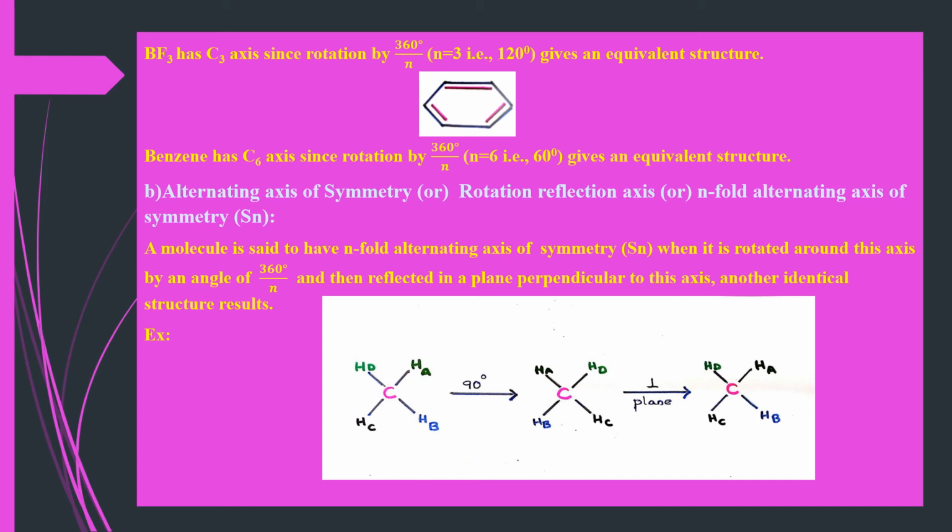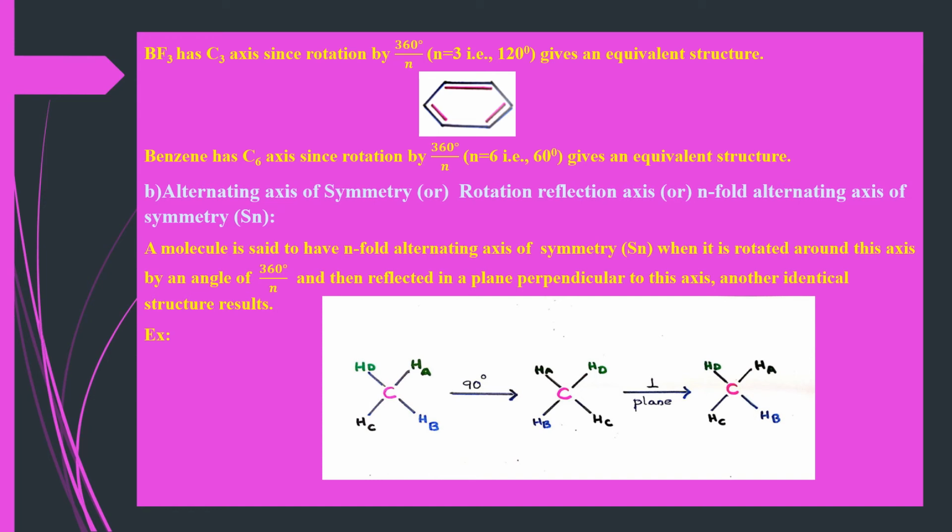That is benzene. Benzene has C6 axis. So why do we say that benzene has C6 axis? Because when an imaginary line is drawn through benzene, and when it is rotated about that imaginary line through a complete rotation of 360 degrees, it appears to be identical 6 times.